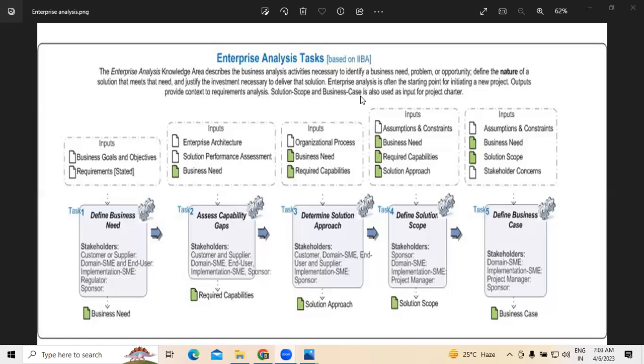That's a continuous process, which we normally follow. But when you want to determine a solution approach, it's not only about understanding the needs and the capabilities. One should be able to understand the kind of solution approach we are following in the context of the organization, because an organization is bound by some processes.